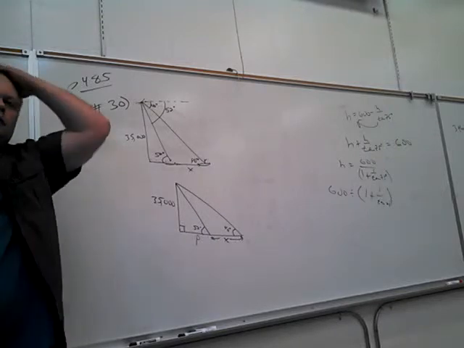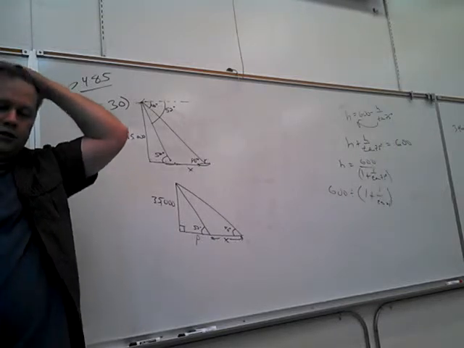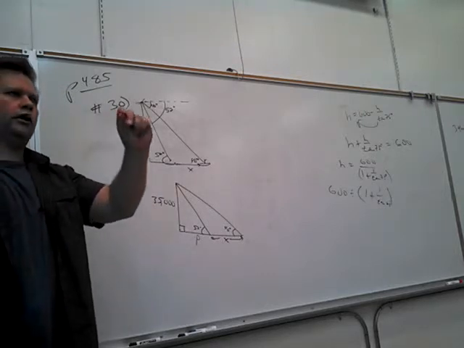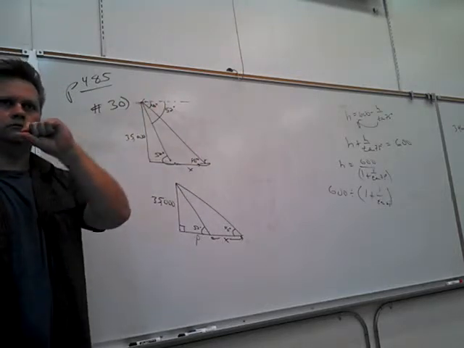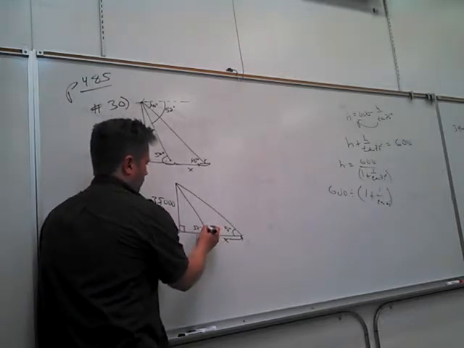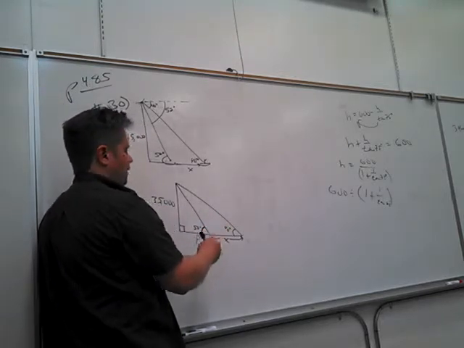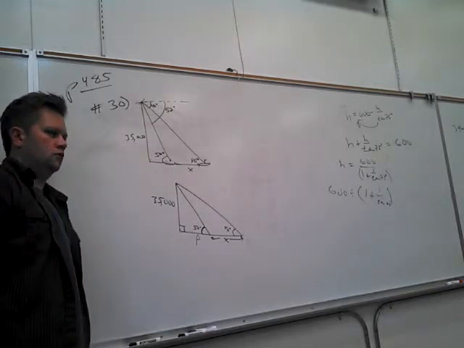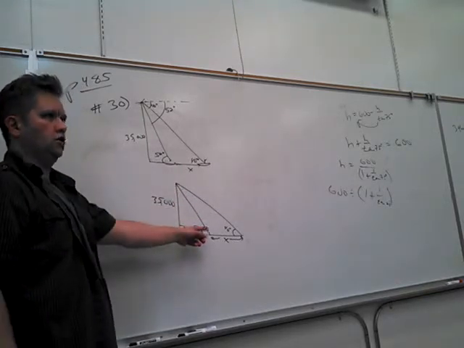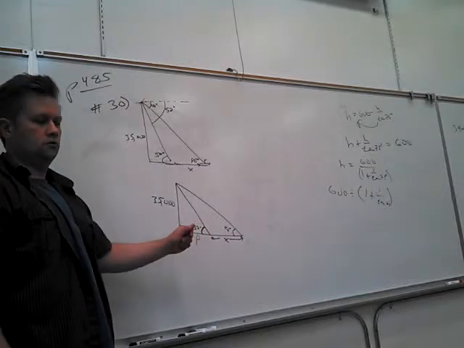So here's where you got to be a little bit comfortable just writing down what you can and seeing what makes sense. You always want to relate what you know with what you want to know. So for the 52 degrees, for example, what can I use? I don't know the hypotenuse at all. And I don't want to know the hypotenuse. Tangent.